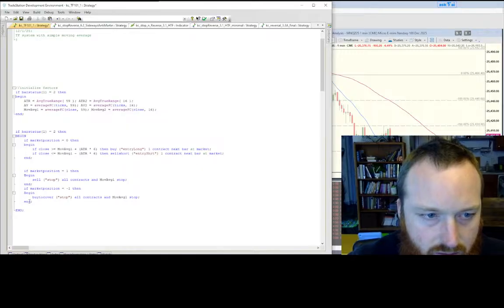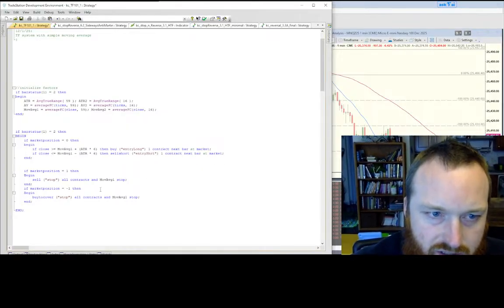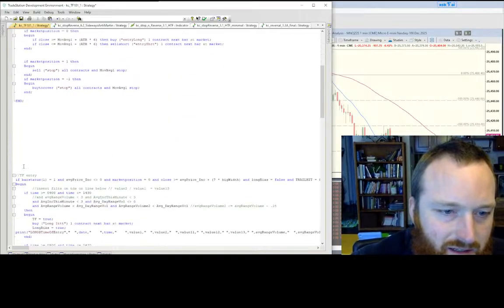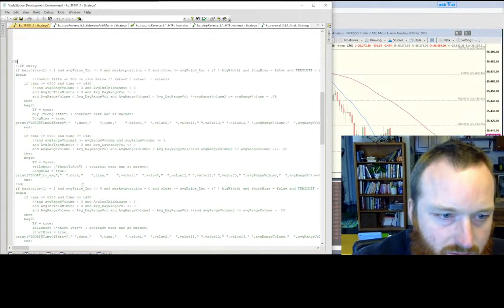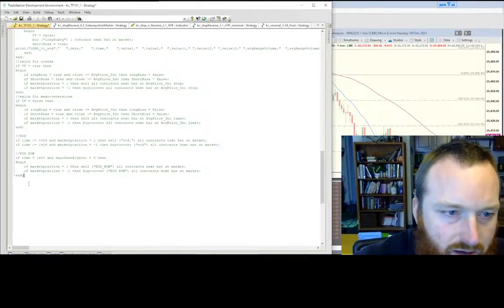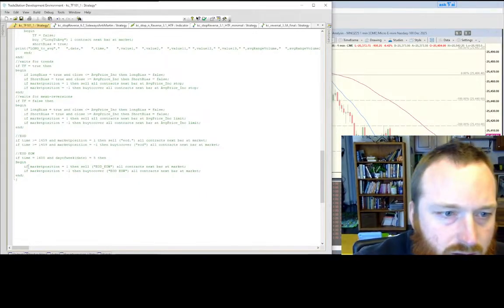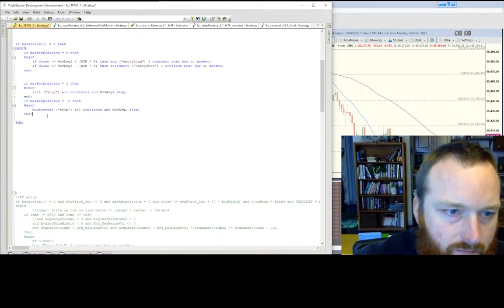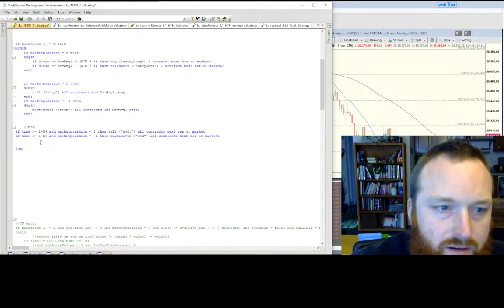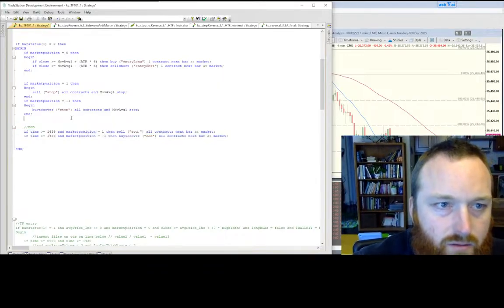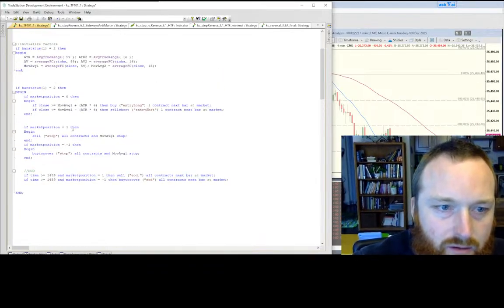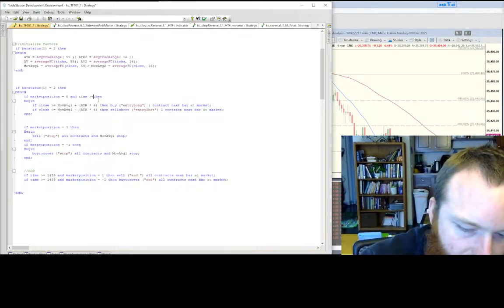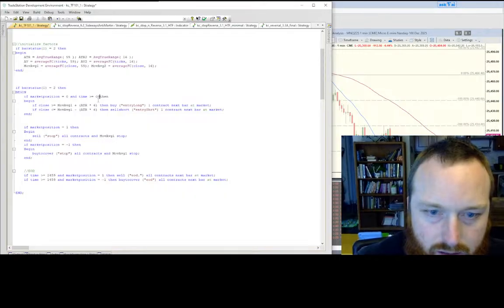Okay, so now at this point we have our entry, we have our stop. Is there anything else we need? Is that really it? I don't think that's going to work. I think I'm going to need end of day exits. That's good. I'll include end of day exit. Oh, when do you enter? Yeah, that's a good point. When do I enter? Well, I only enter if time is greater than or equal to 8:30.